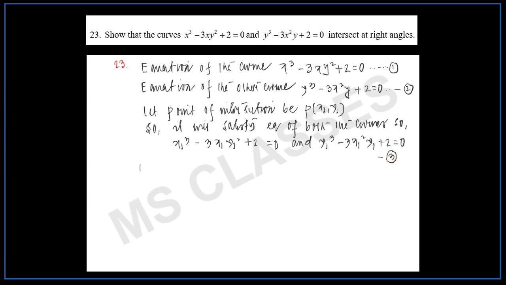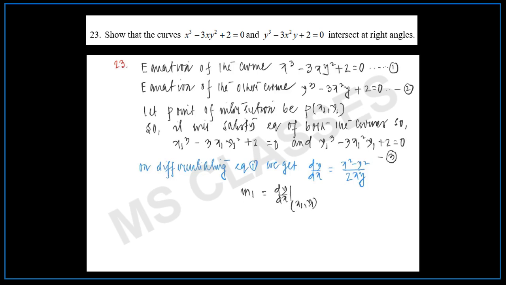On differentiating equation 1, we get dy/dx equal to x square minus y square by 2xy. Now the slope of the curve at x1, y1, we take as m1, which is x1 square minus y1 square by twice x1 y1.